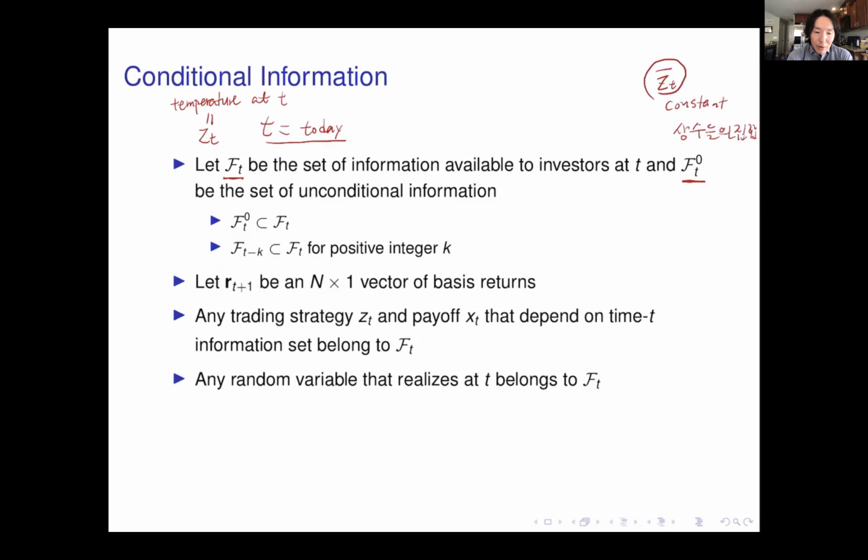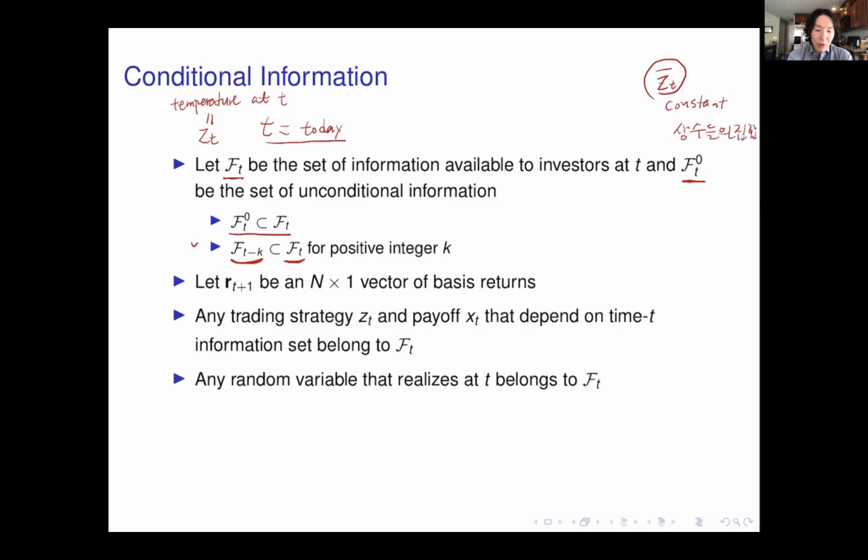So this set of constants is known, is included in the set F_t. And as time goes by, today's information set is going to include all that is known in the past. So that is the meaning of the second line. Okay.